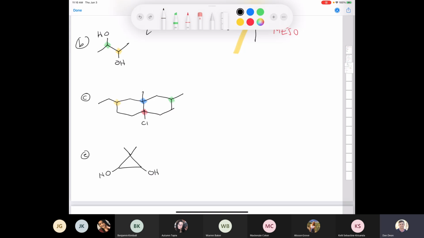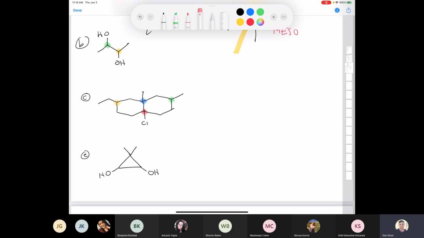Methyl can never be chiral, right? Because a methyl has 1, 2, 3 hydrogens attached to it. So since they're all the same, this can never be chiral. The same reason as CH2, a methylene could never, ever be chiral. These 2 groups can never be chiral under any circumstances.